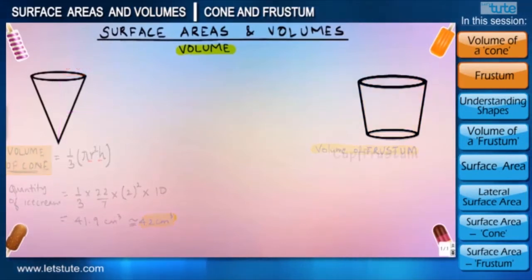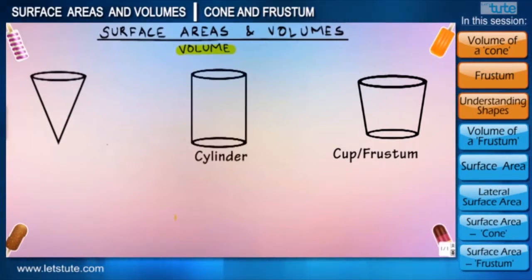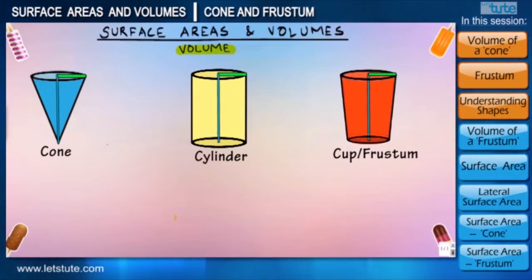Before we proceed to find the volume of the cup, let us first understand this shape of the cup in contrast to the cylinder and the cone. So let us consider a cone, a cylinder and a frustum and keep their parameters same, just like we did before. We will keep their radius and their height similar.